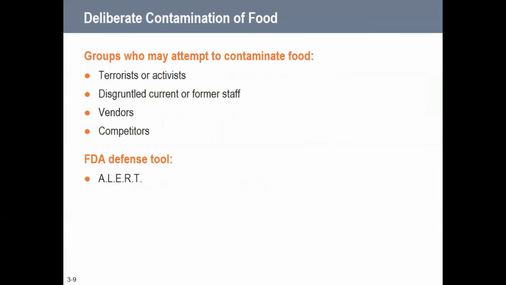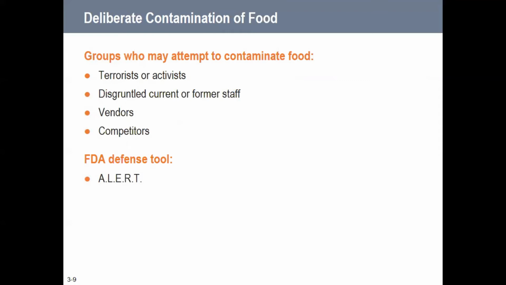So what happens if there's deliberate contamination of food? It's interesting. When I was in culinary school, when I was taking this originally, we never talked about deliberate contamination of food, because why would you deliberately contaminate food? But nowadays it's something we need to take into consideration.